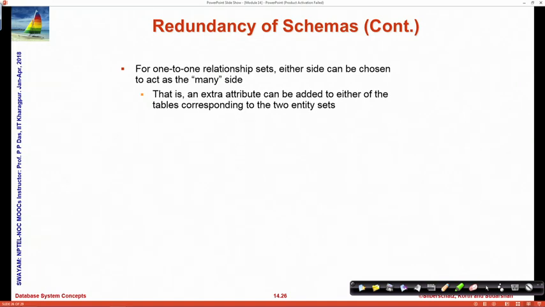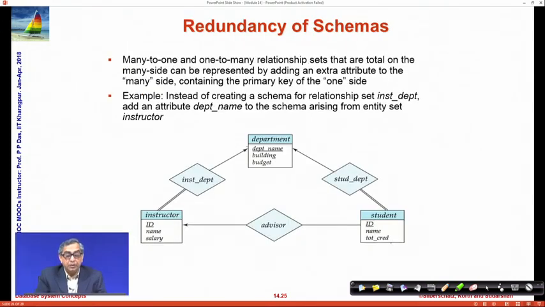For one-to-one relationship, so this is good if you have many-to-one relation, because this was possible because every instructor has one department. So, if you just include the department name with the instructor, or every student has one department, it is possible that way.